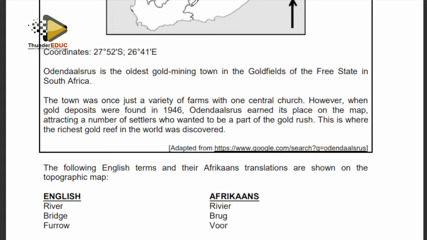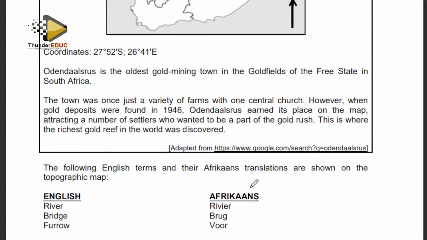This is where the richest gold field in the world was discovered. So basically, we get that content. You might find some questions that will require you to come back to this extract, and then we'll refer to it. All right. I hope you're with me, and I hope I'm very clear.